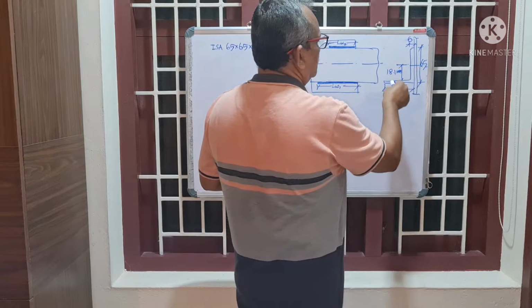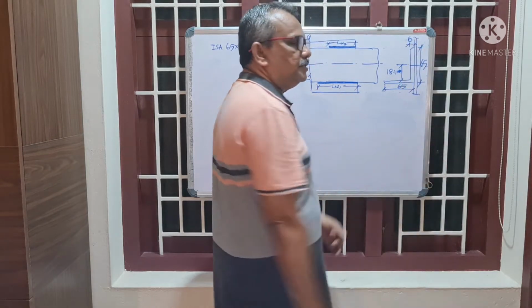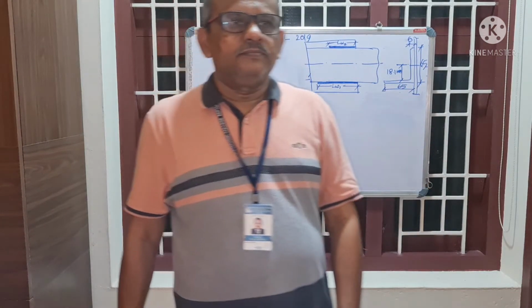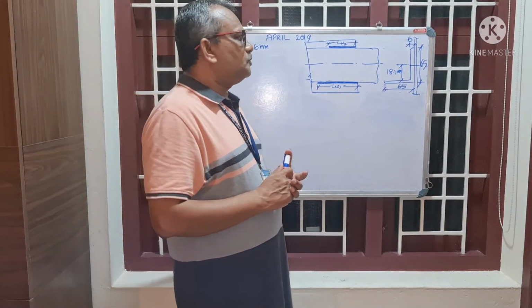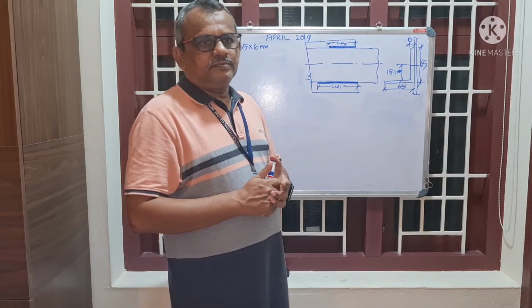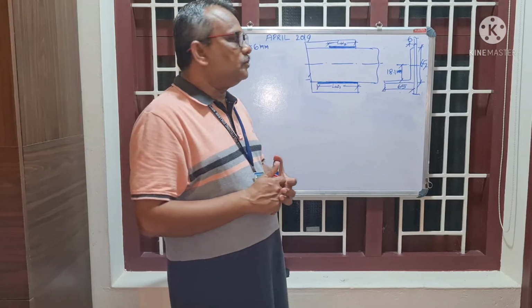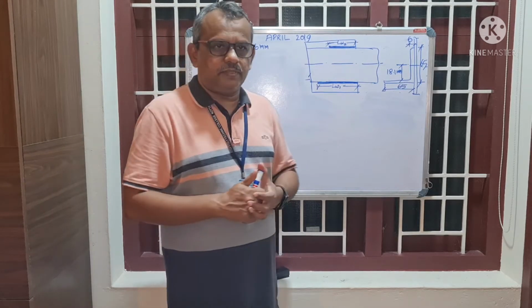The angle given is 65 by 65 by 6 mm. Welded. The question is to design the weld so as to transmit a load equal to the full strength of the member.